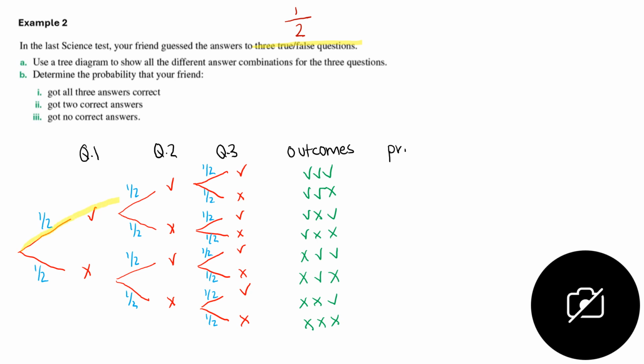We'll do it for the first one. 1/2 times 1/2 times 1/2 equals 1/8. So all of these are going to be 1/8.